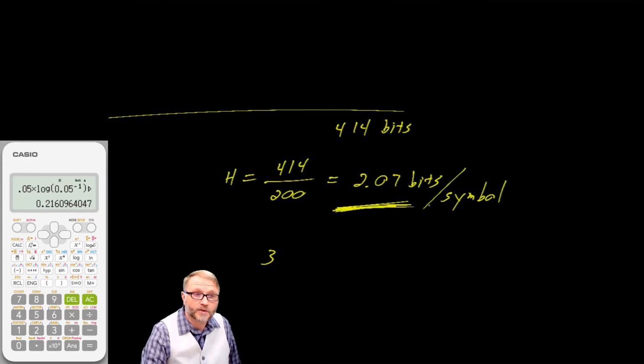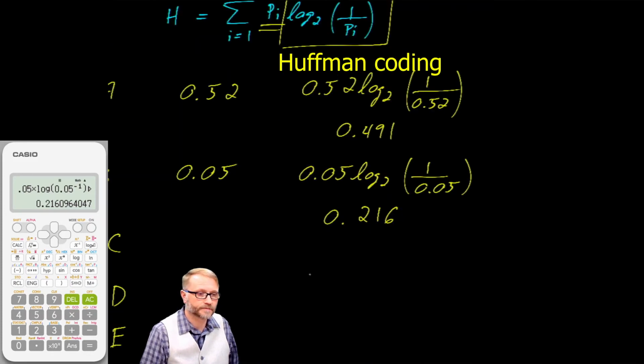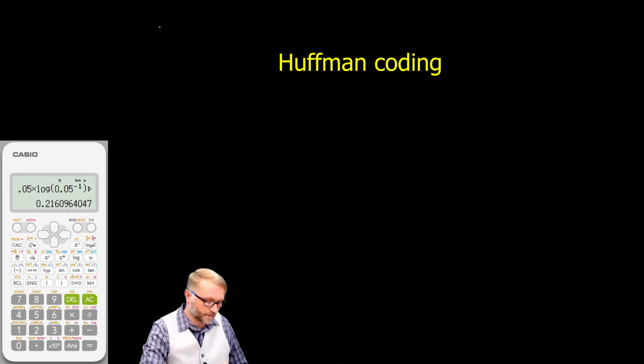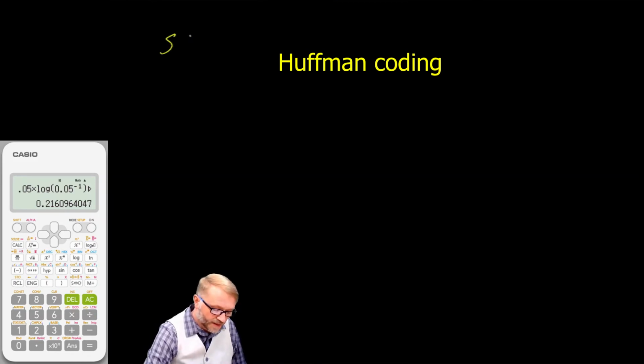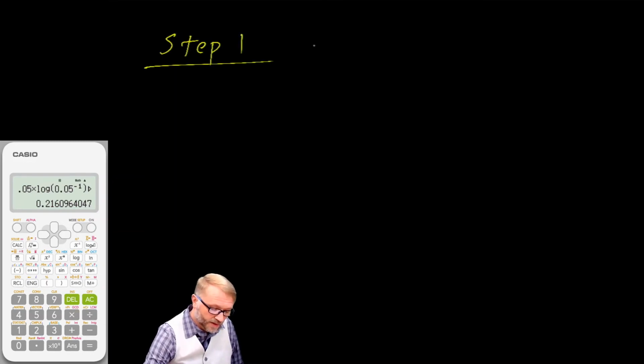By the way, you can never get better than entropy, because if you get better than entropy, that means you've lost information. What we're going to do now is something called Huffman encoding. Now there's a lot to it, but we'll just use it as an algorithm for our purposes. Step 1, we want to order by decreasing probabilities.